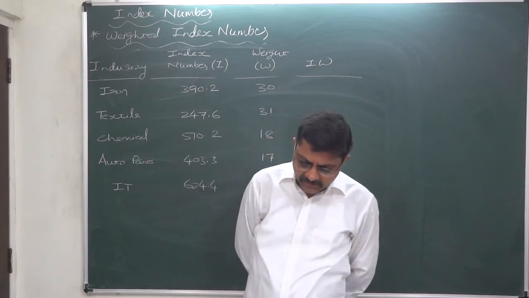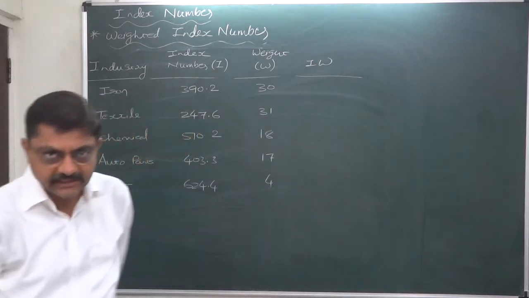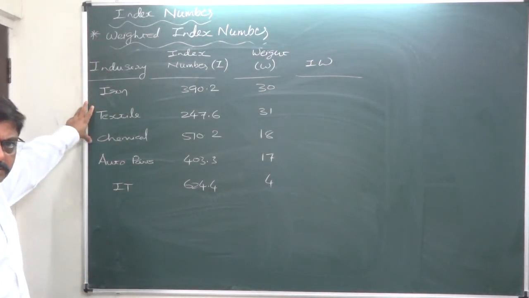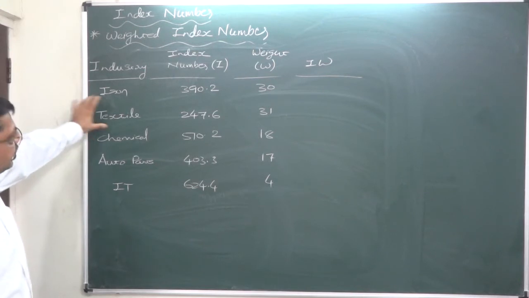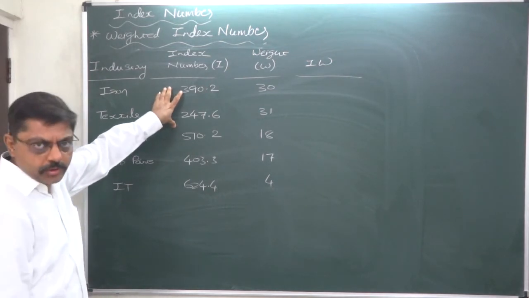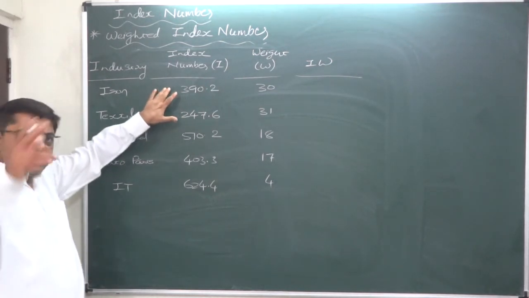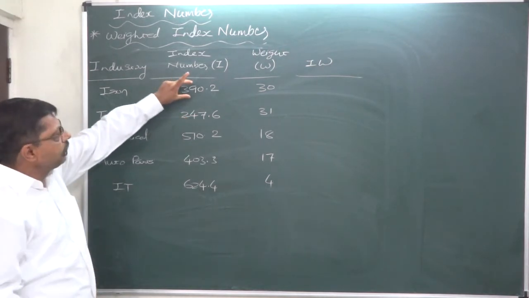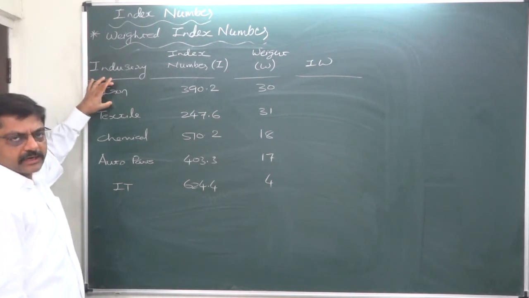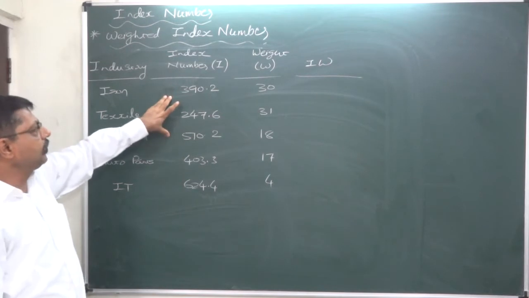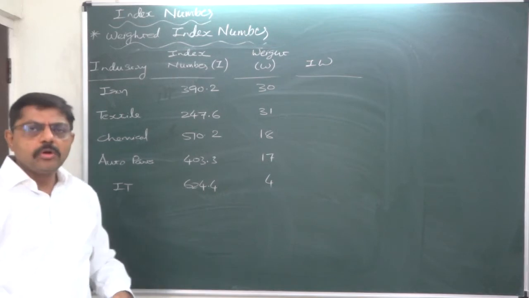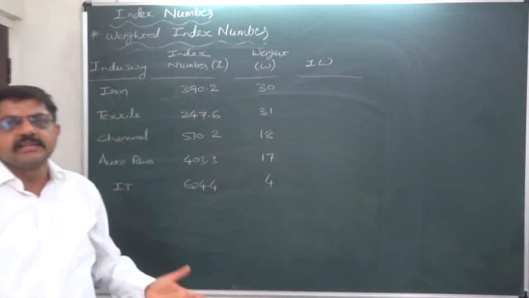Find the index number of the industrial production or industrial output. So we have some industries running in a state and the index numbers of their output or production, industry-wise. In case of price, we should have price index numbers of all the items. Similarly, here we should have industrial output index numbers for all the industries. So almost the same thing, and statistically there is no difference.